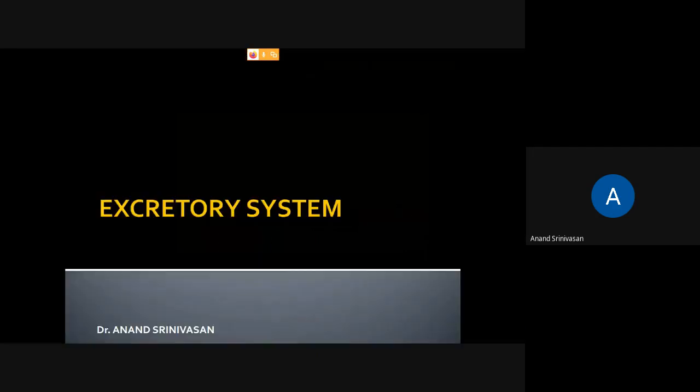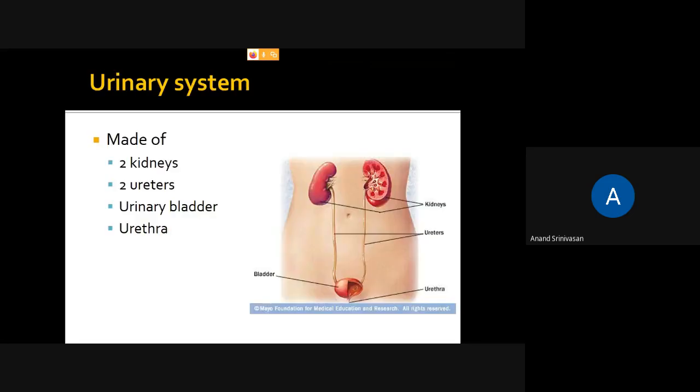Today we are going to start the new module: the excretory system. We are going to see the anatomical structures involved in the excretory system. As you know, the excretory system is made up of two kidneys. From the kidney, a long tube comes down, called the ureter.